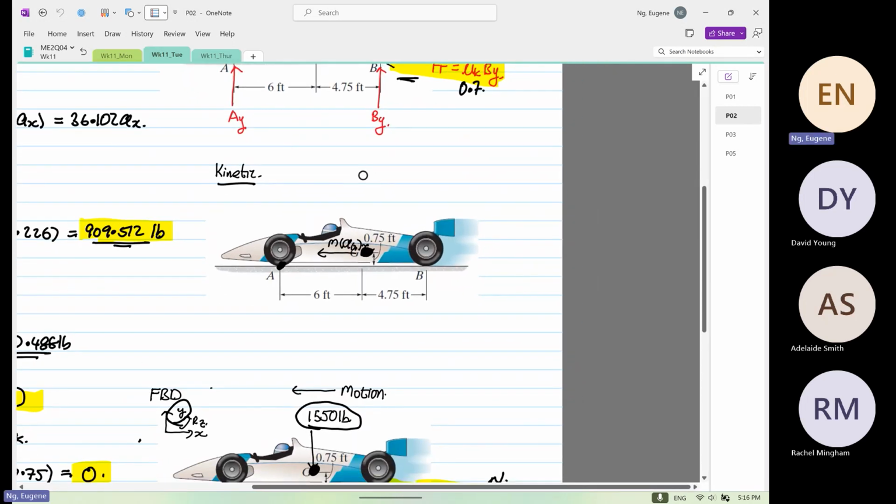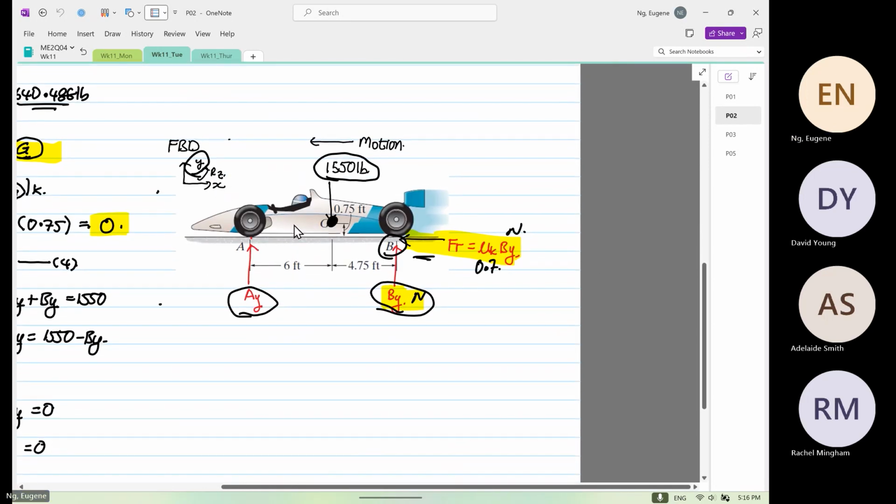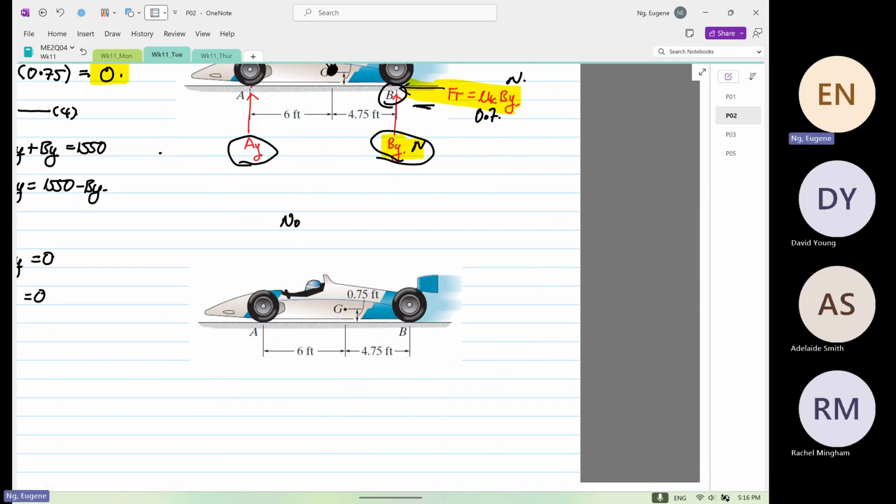Now, if the engine is switched off, now no engine, no power from the engine. We are here to push. Friction will help you or go against you? Yeah, weird, isn't it? Because your applied force is over here, your friction force is over here.